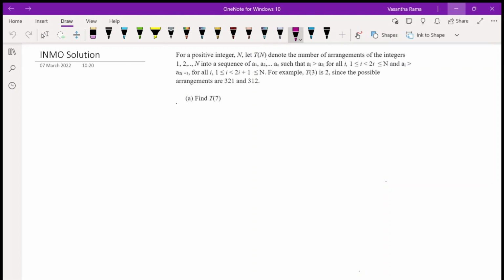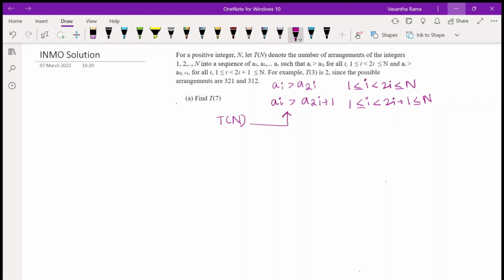The conditions being ai is greater than a2i and ai is greater than a2i plus 1, for all i with 1 is less than or equal to i, 2i less than or equal to n, and 2i plus 1 less than or equal to n. And we have to find out t of n, which is the number of arrangements that satisfy the given conditions.